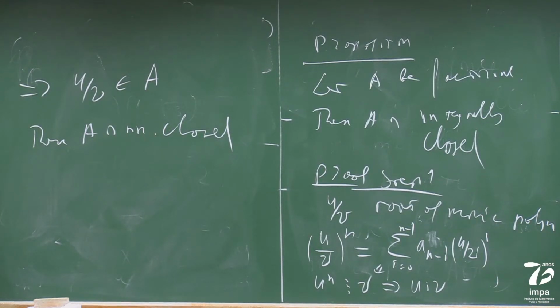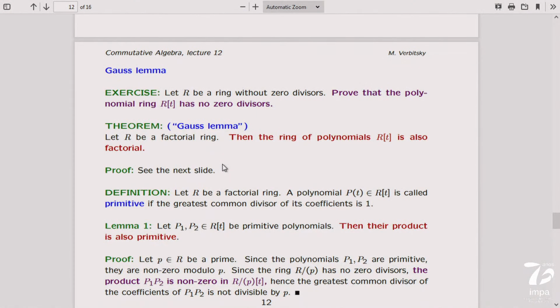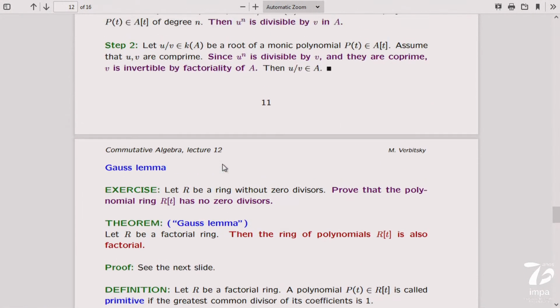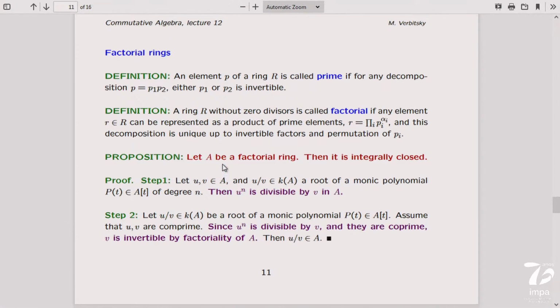So now I can give an example of something integrally closed. So, example of normal: C of t is factorial.